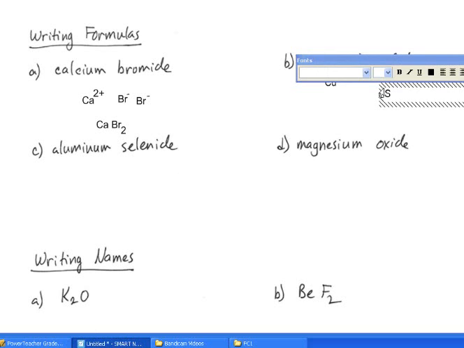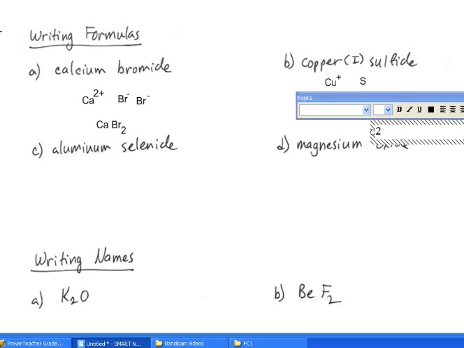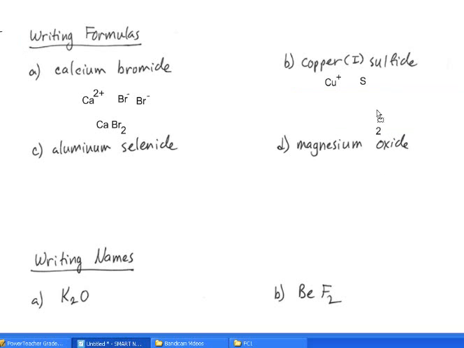So S2 minus. To show that it's a raised 2 minus there. So we can see that's not going to work. +1, 2 negative. So what am I short of? I'm short of copper.